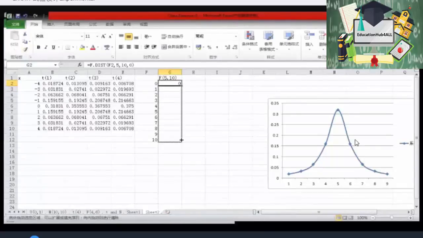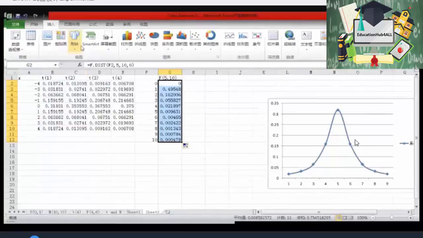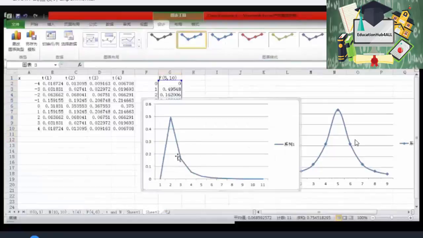And then we drag it down, so we have all the values. So if you want to see how the F distribution looks like, you select the data, you insert, you see, yeah, it looks like this. If you give some negative value, the probability will be 0.